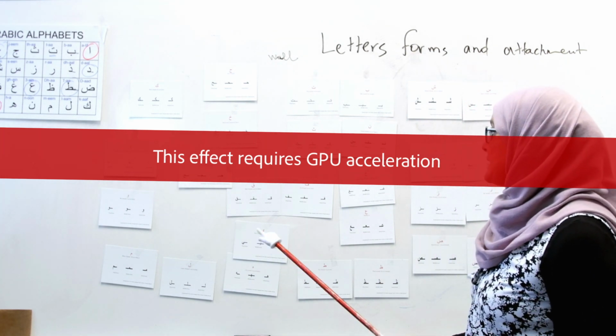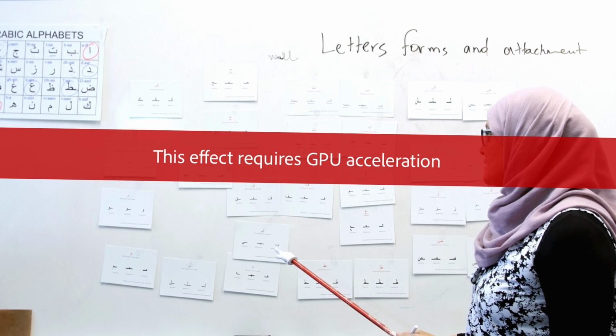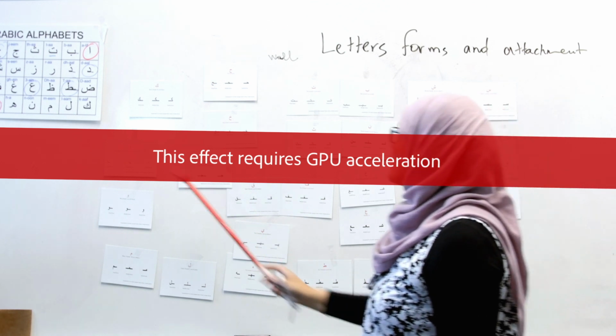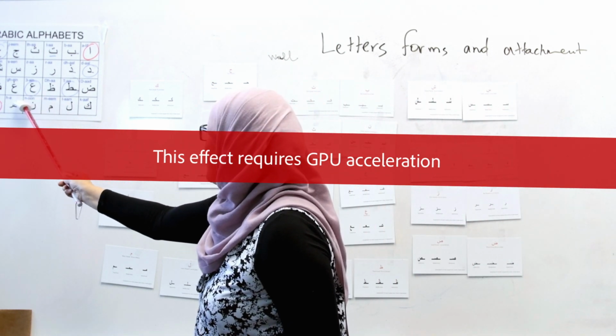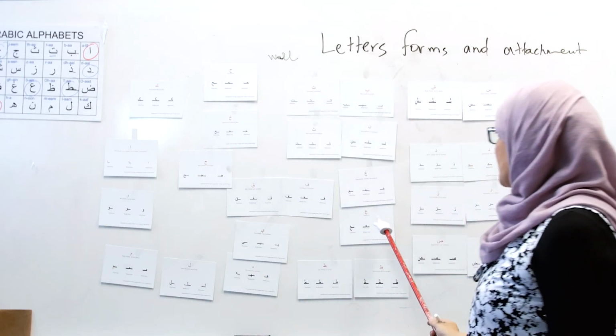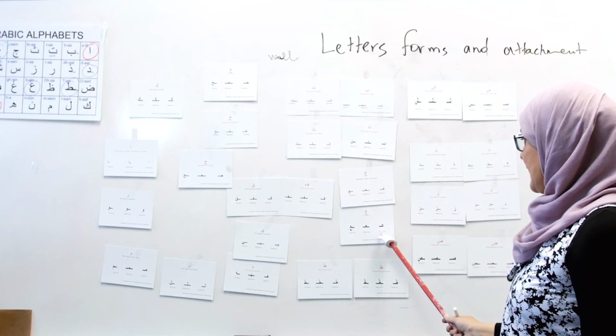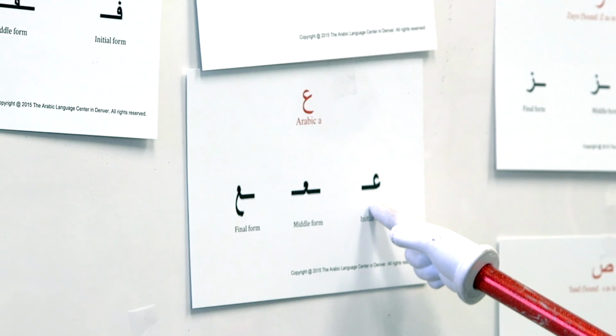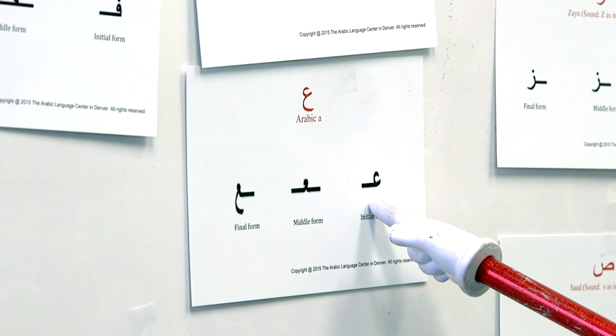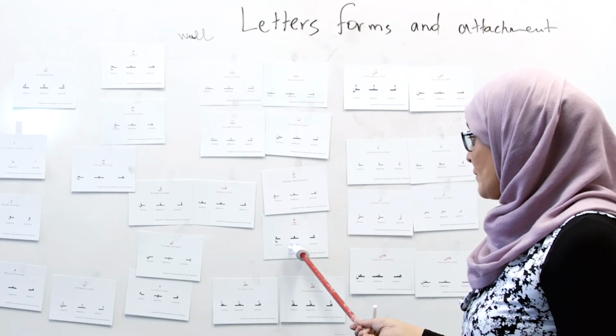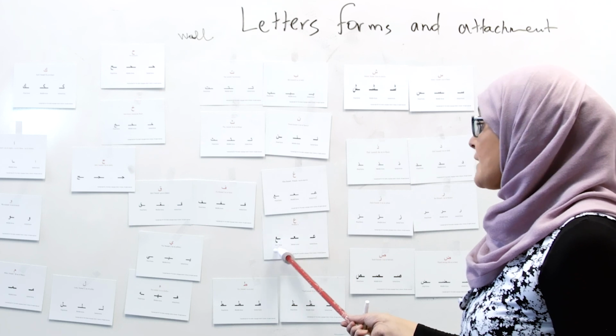Then the major changes are done to these two letters, ain and ra. Look, this is the ain, and it changes. You see, the initial form is different than the middle form, and it's different than the final form.